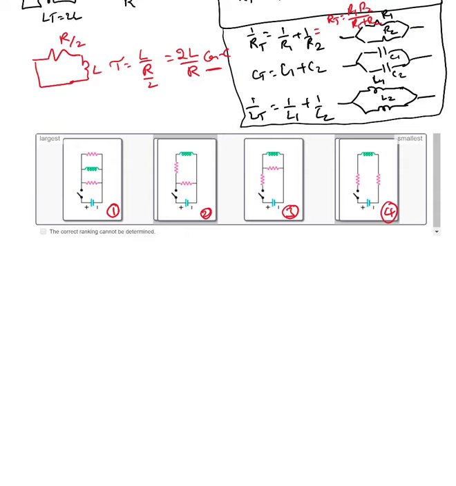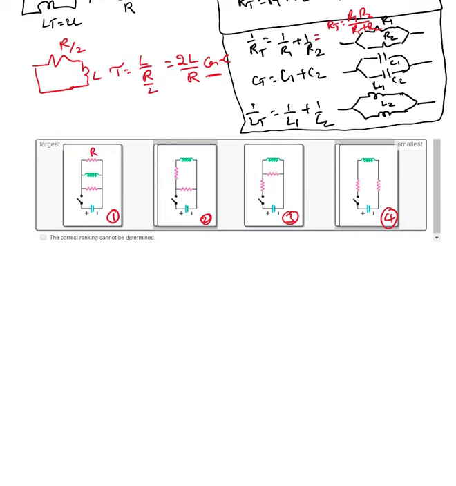You can find the rest in your homework. For the first one, I'm assuming every resistor has the same value R, and the inductors have the same value L. So the question is, which circuit has the highest current?